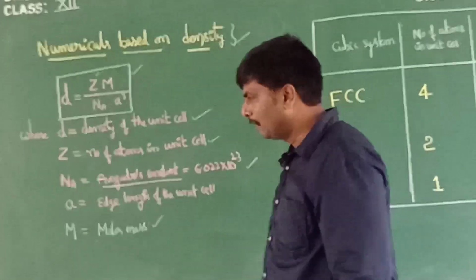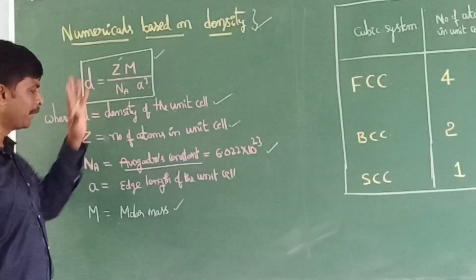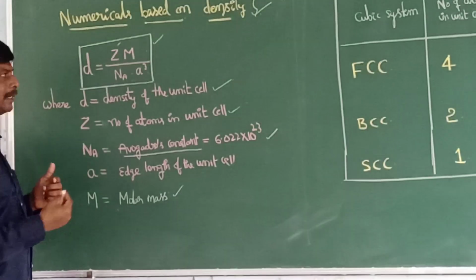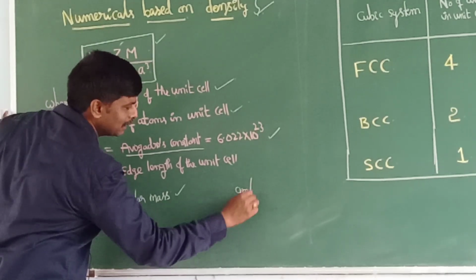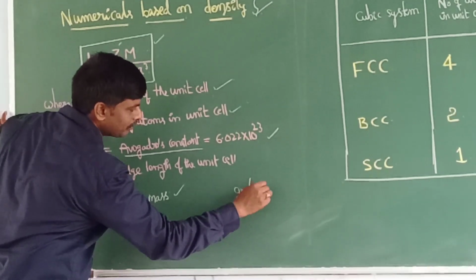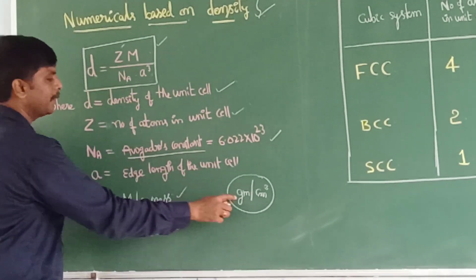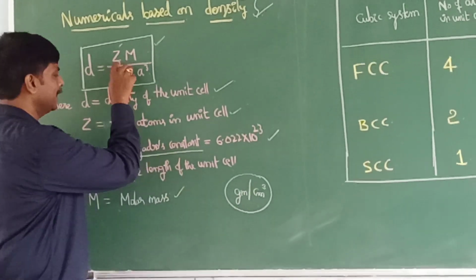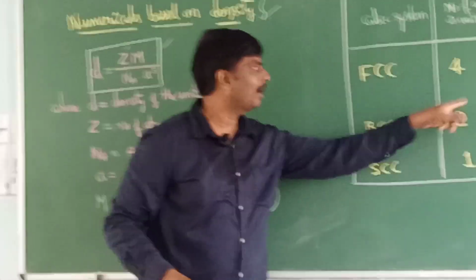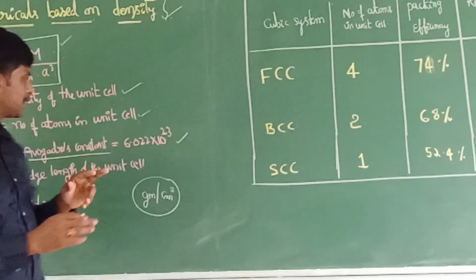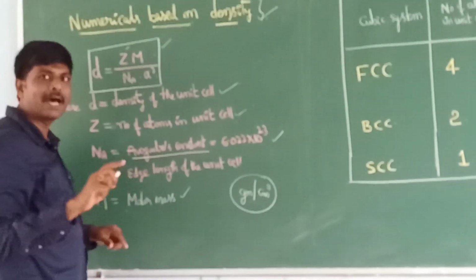So one more point you have to remember for solving these numericals is about units. Generally, density units are gram per centimeter cube. It is the CGS unit of density, gram per centimeter cube. Z is the number of particles, either 1 or 2 or 4. There are no units, only a number. M is molar mass.